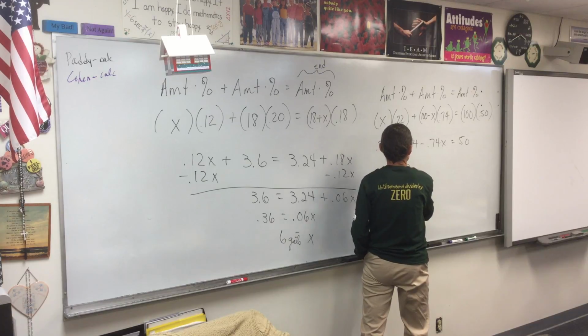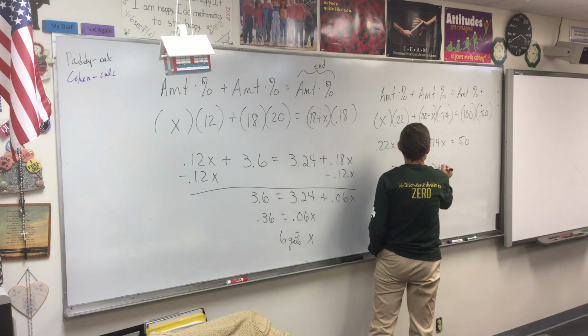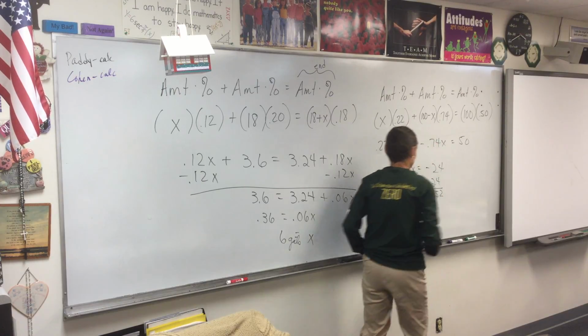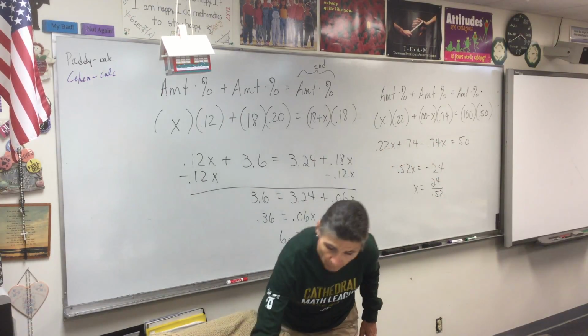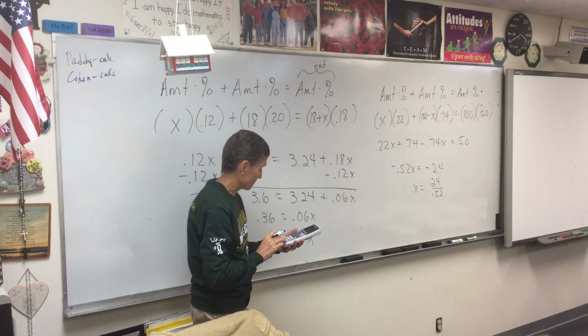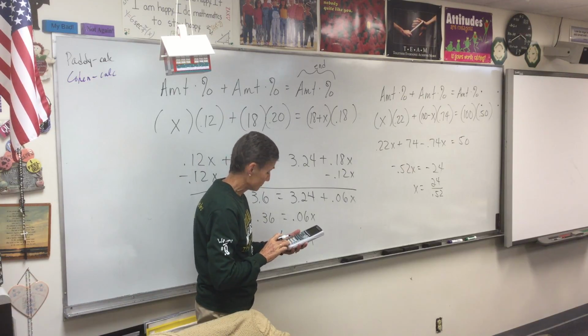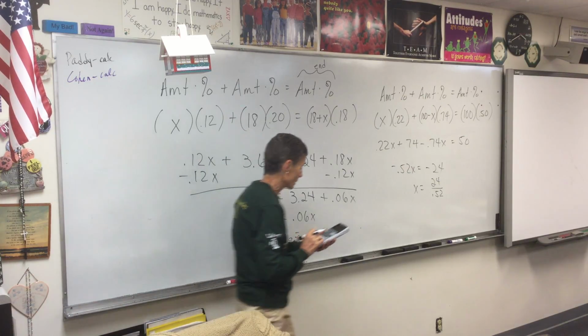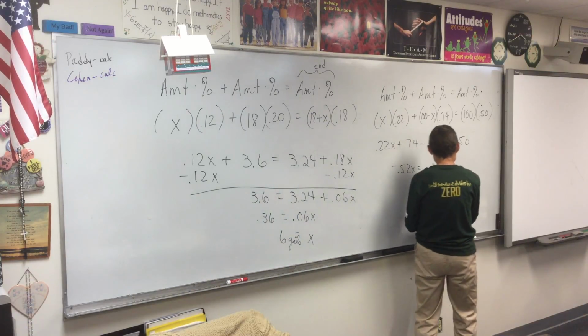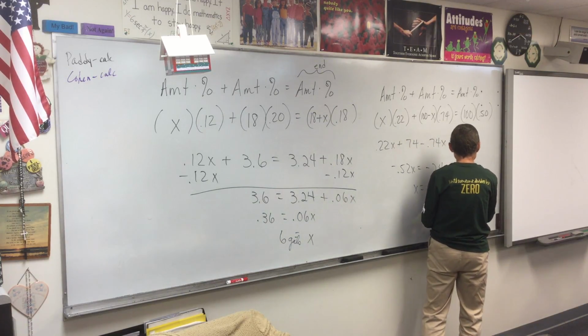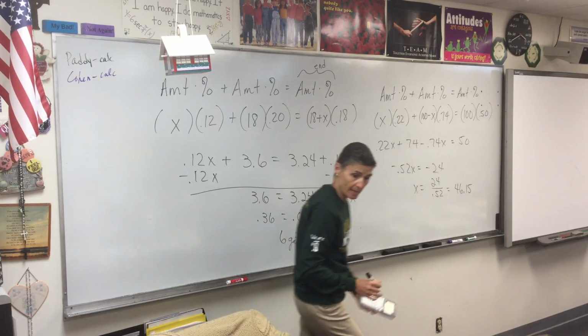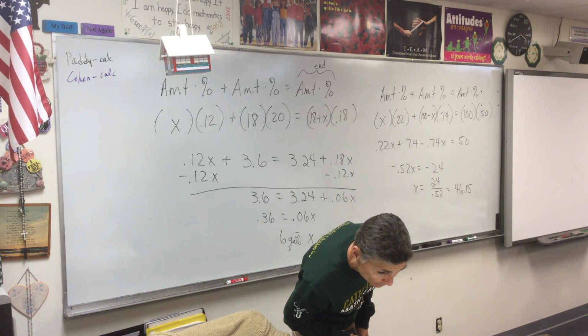Negative 0.52x equals negative 24. So you tell me if I made a mistake. I got about 46.15. Is it gallons again? Yep.